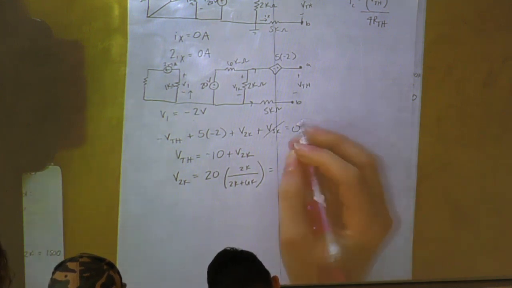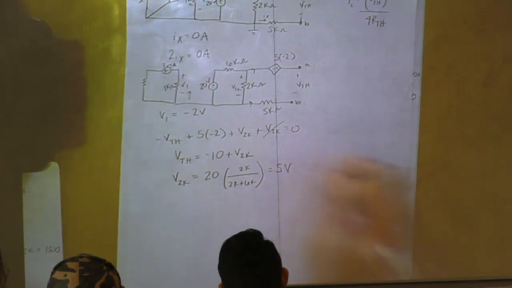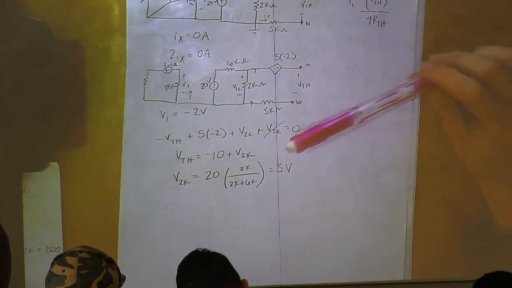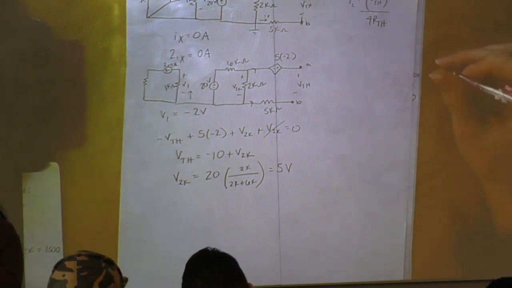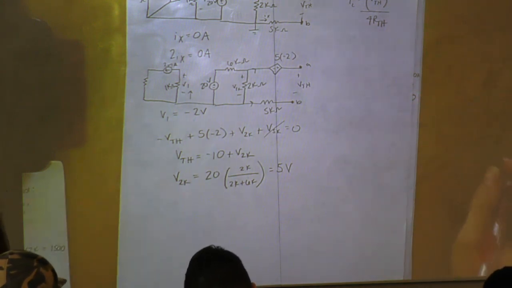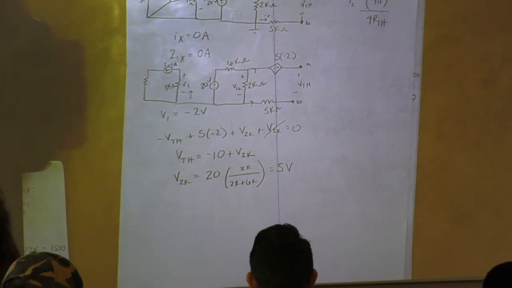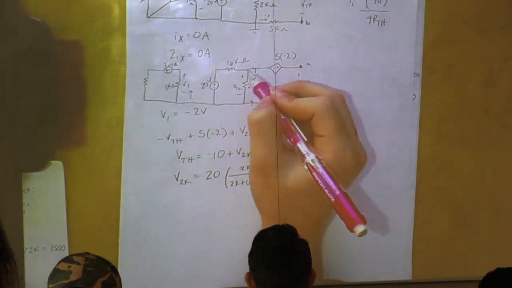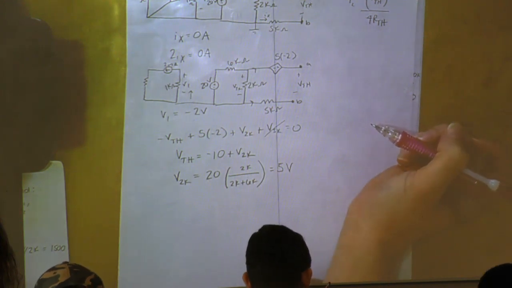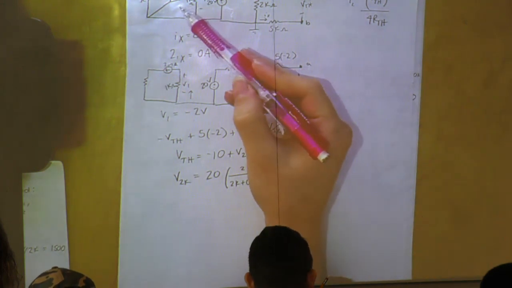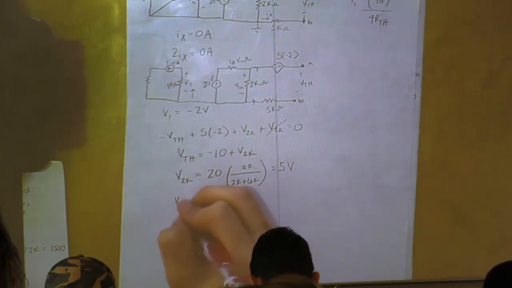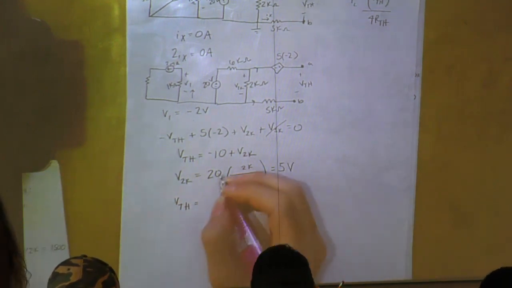Does anyone have questions about the voltage division or why I did it? I did the voltage division on this. Exactly, our dependent source when we opened the circuit. So then our VTH comes out to negative 5.